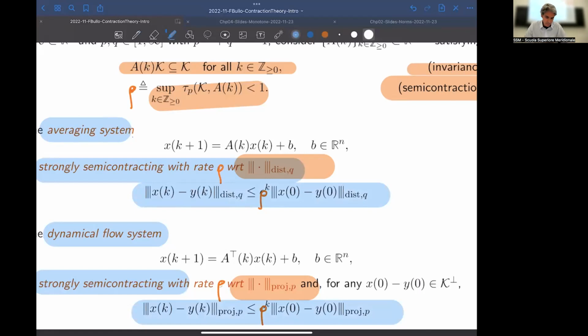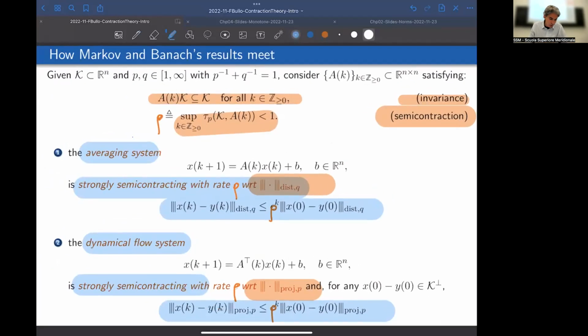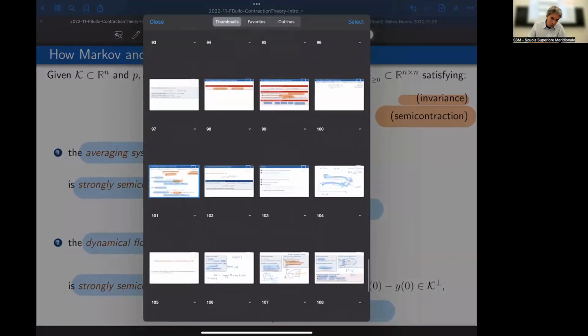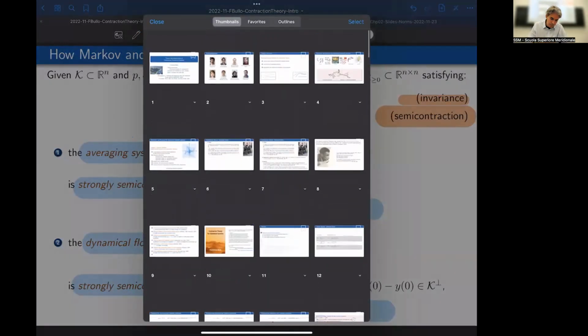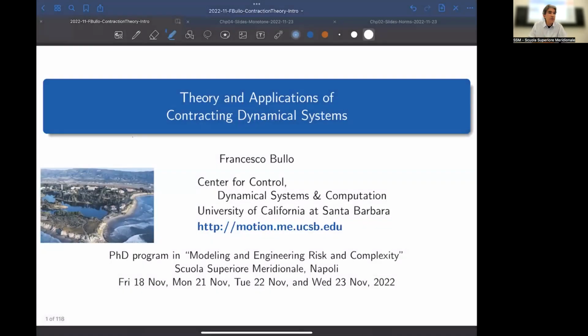We're done. I want to thank you all very much for all of your attendance. I have shown to you the theory of contracting systems. I've shown to you conditions for them. Remember, there's a table with 9 different conditions, all of them ensuring contractivity, and that's why people in the literature did not really realize that this is the same theory.